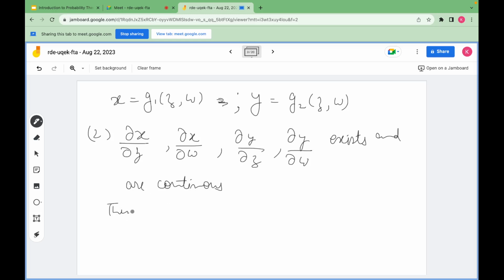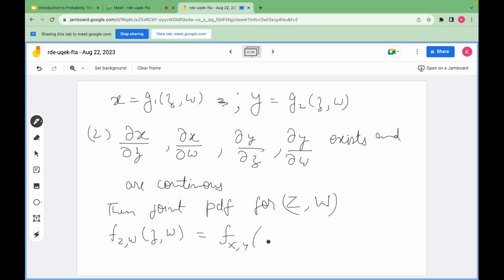Then the joint PDF for z comma w is nothing but the joint PDF of x comma y, where instead of x comma y we write g1(z, w) and g2(z, w), multiplied by the absolute value of the Jacobian of z comma w.